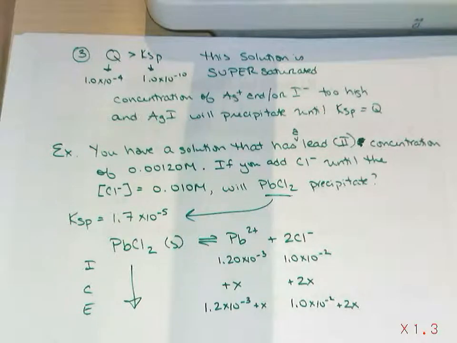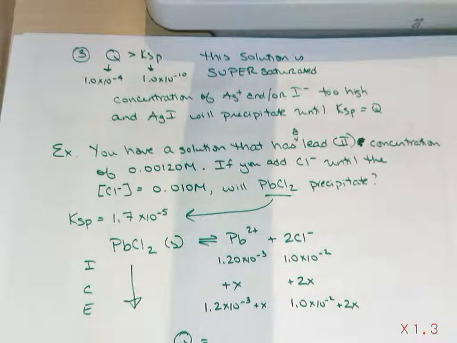What assumption can I make about this reaction to help out with the crazy math we're about to have? Both the x is small and the 2x is small compared to these larger molarities.